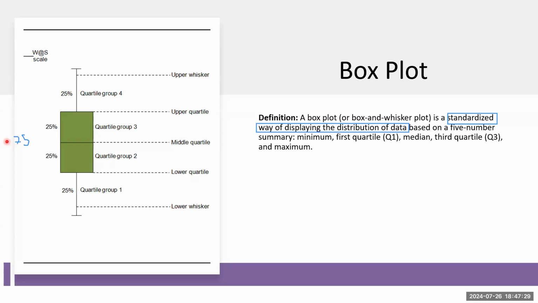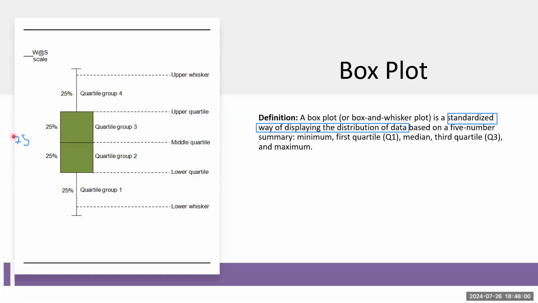What this means is that half of the class had less than 75, and half of the class had more than 75. Maybe this median is pointing to 75. From this representation, we know that half of the class had less than 75 and half had more, depending on what the median is.